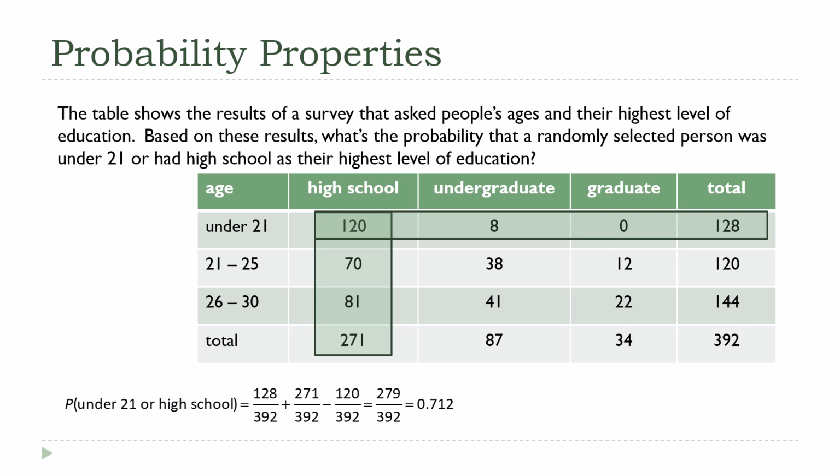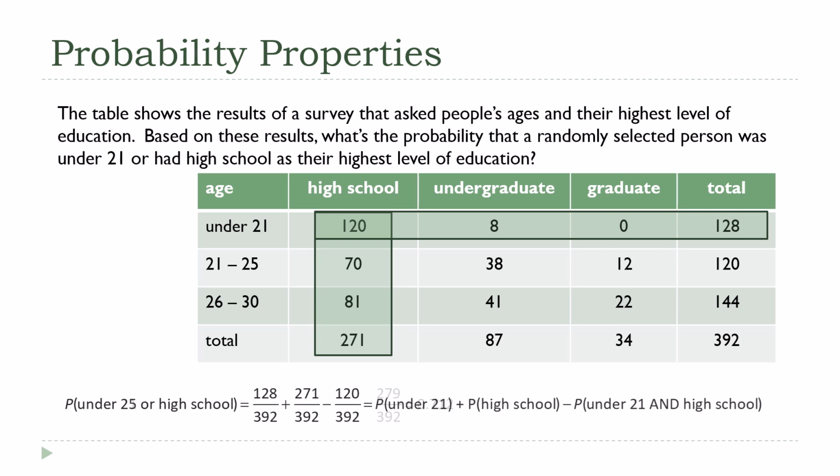I've got 271 over 392. That's high school. Minus 120 over 392. That's the probability under 21 and high school. That's the intersection, the non-empty intersection of my two events. And that gives us a probability that's much more realistic. 0.712, that's a perfectly reasonable result.